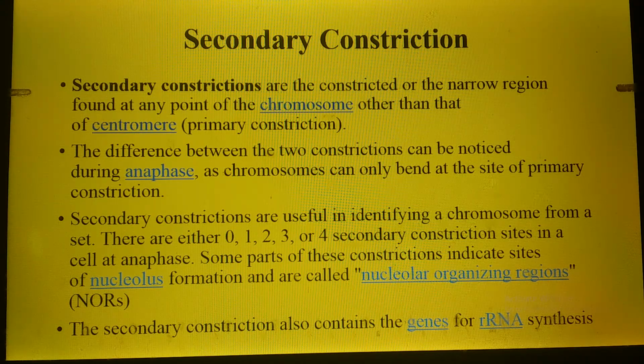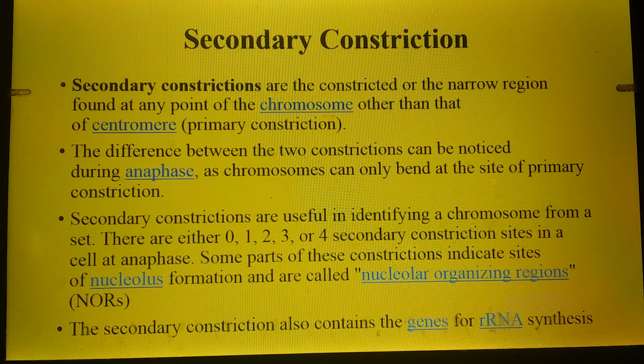So the secondary constrictions also contain the genes for ribosomal RNA synthesis. Very important. Scientists identified that these constriction sites contain genes which are responsible for ribosomal RNA synthesis.